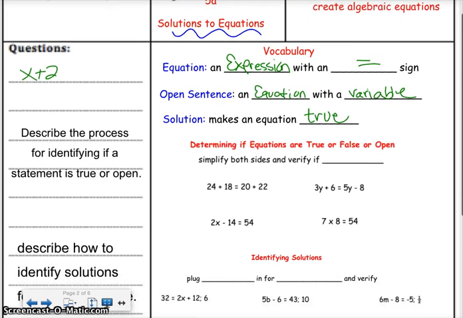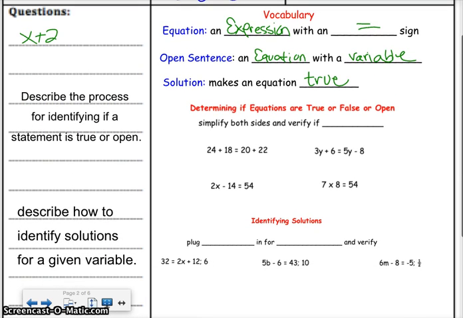Okay, so first learning objective, you need to tell me if I give you an equation, if it's true, false, or open. So you simplify both sides and verify if they equal. That's what you need to do. Simplify both sides and see if they equal each other.